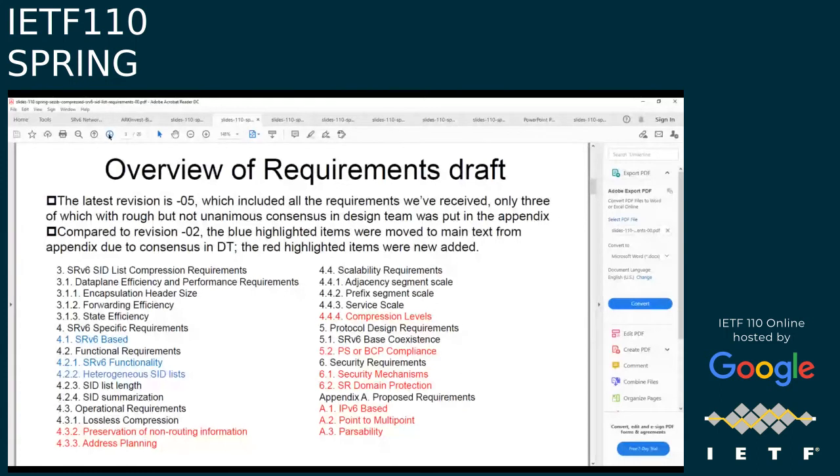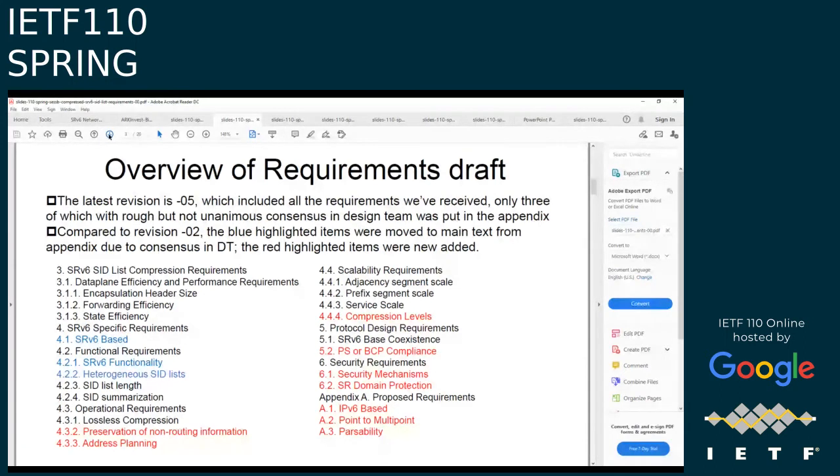In the 05 revision, we have included all the requirements we've received, and the design team have gone through all of them. And now only 3 of them have rough but not unanimous consensus within the design team. So I think we almost finished the requirements draft in the design team.